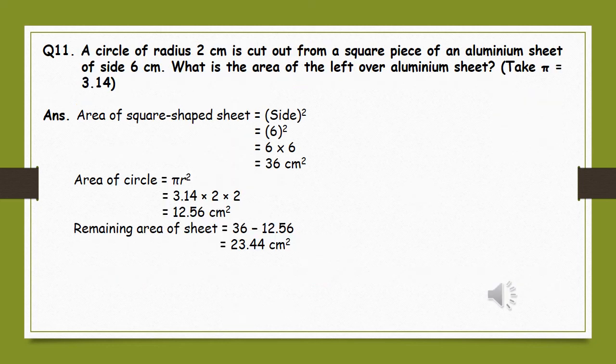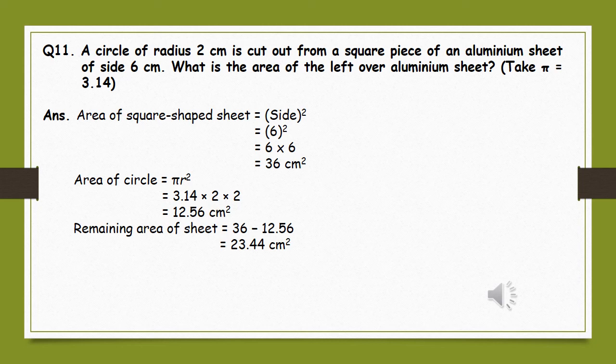Sum number 11. A circle of radius 2 centimeter is cut from a square piece of aluminium sheet of side 6 centimeter. What is the area of the leftover aluminium sheet? Pi value is 3.14 here. We know that area of the square is given by the formula side into side or side square.